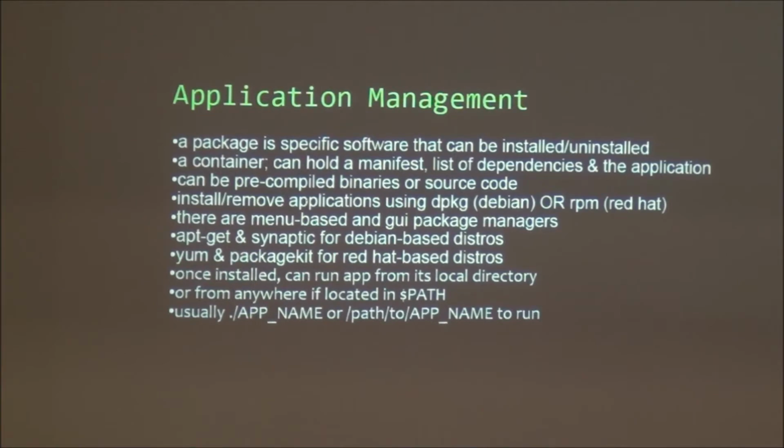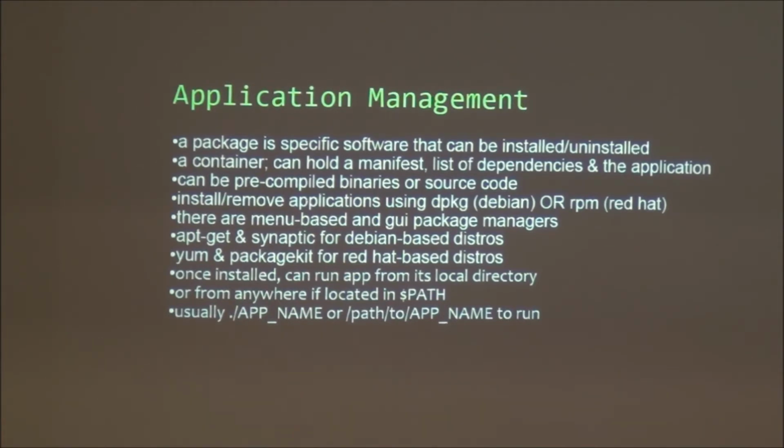So I mentioned this before, once you install it, you can run the application from its local directory. Either you cd into the directory where it's at, and then just type ./ and then the name of the app, the file you want to run, or you can just put the full path of the application. Something else is that sometimes you can type the name of the application. It doesn't matter where you're at in the file system, and it'll run.